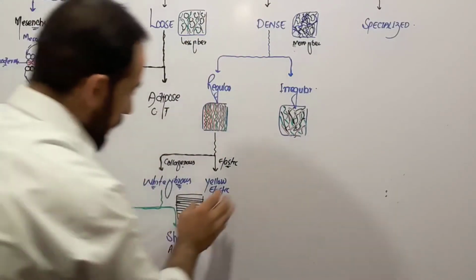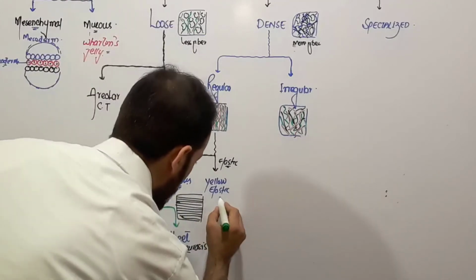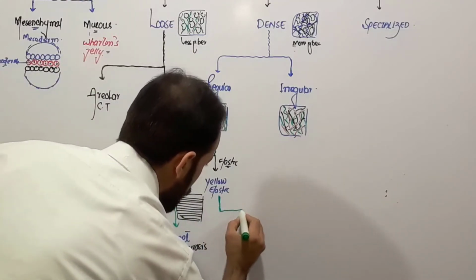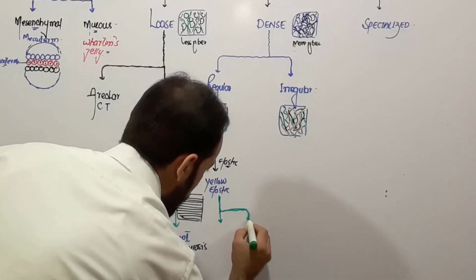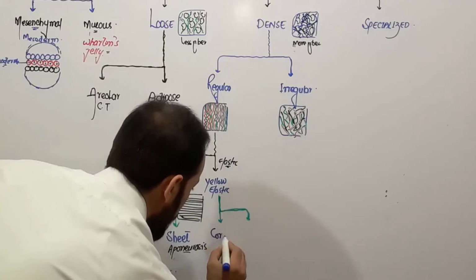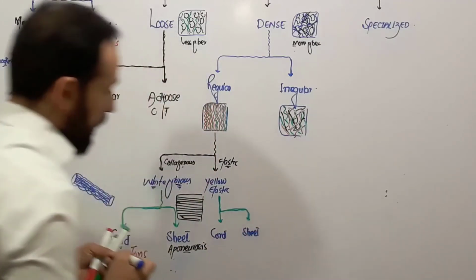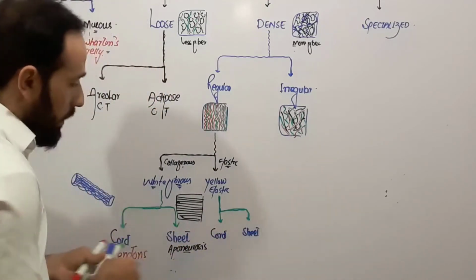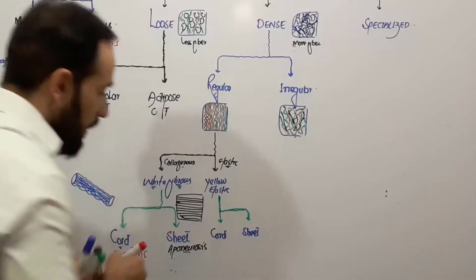That's simple. And then what about yellow elastic? The yellow elastic are also divided into two types, my dear friends. Again we will write the cord shape and the sheet form. They are present in cord form and sheet form. And in cord form, the examples of these yellow elastic are the ligaments.